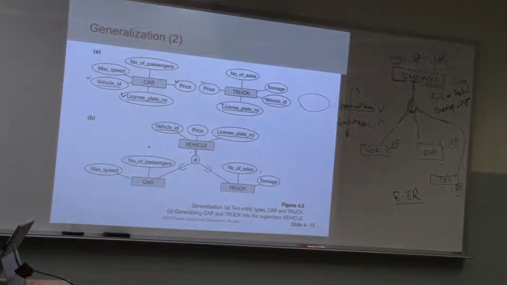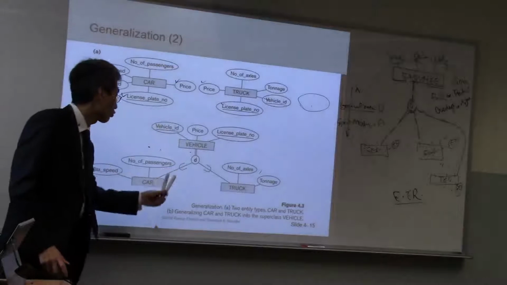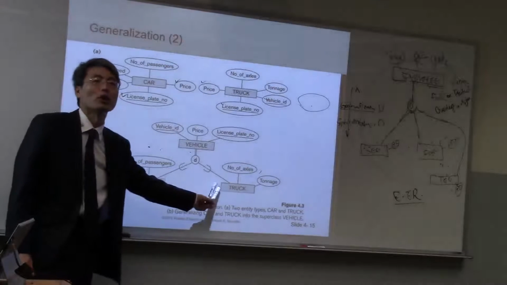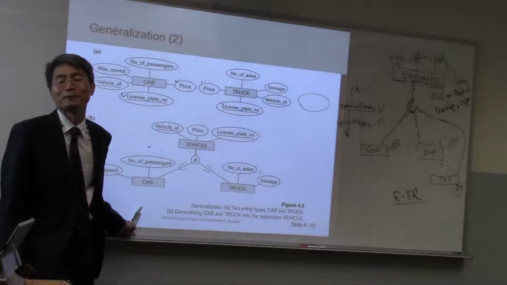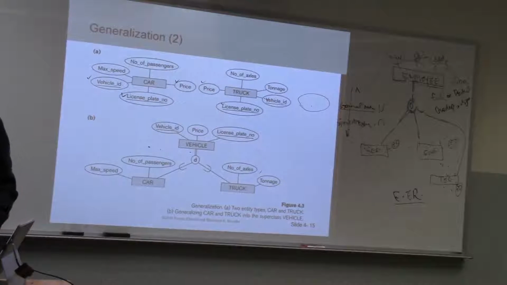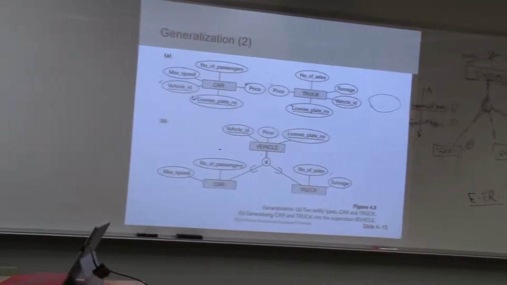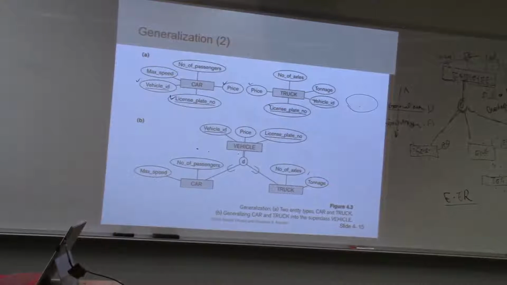It's a full participation, right? Also disjoint, which means any vehicle should be either a car or a truck, but not both. Nowadays a passenger car can be converted to a truck, but anyway, we follow the requirement.